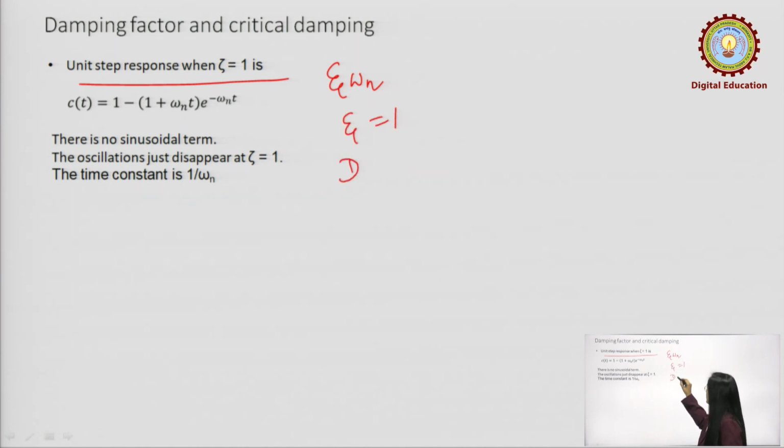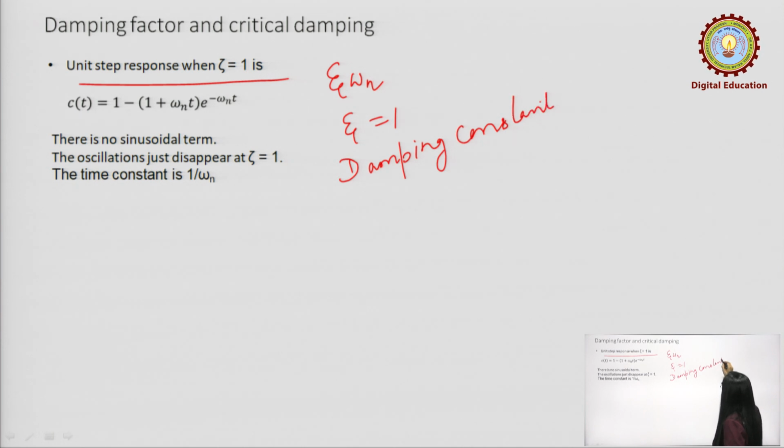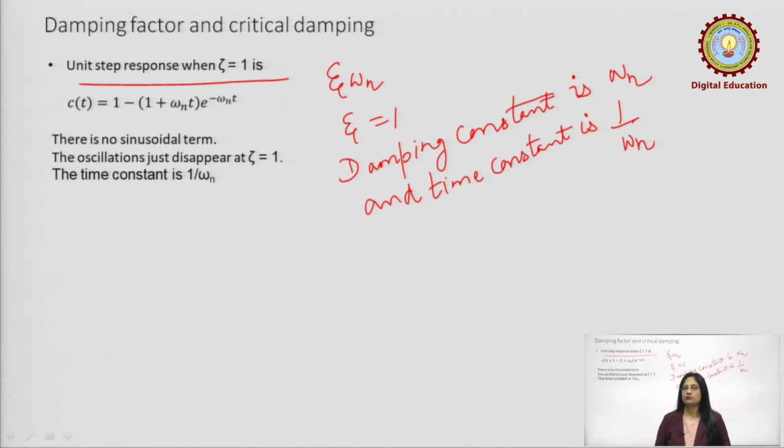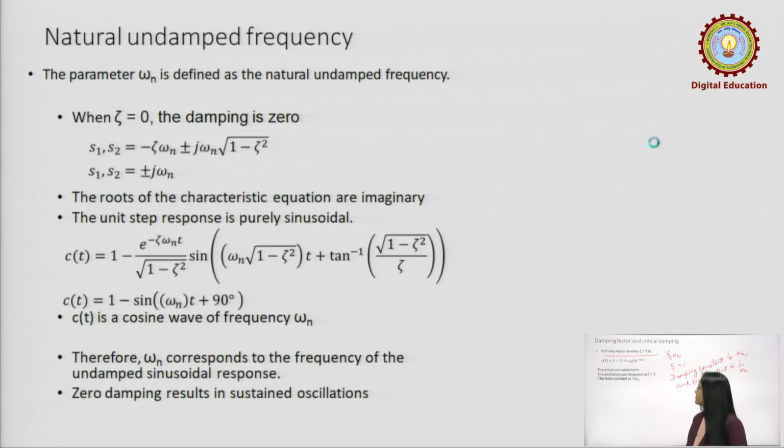Therefore, the damping constant is omega n simply, and the time constant is 1 upon omega n. So, this is the case we have discussed for the value of zeta equal to 1.